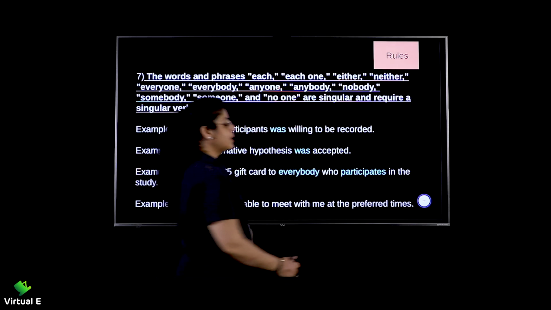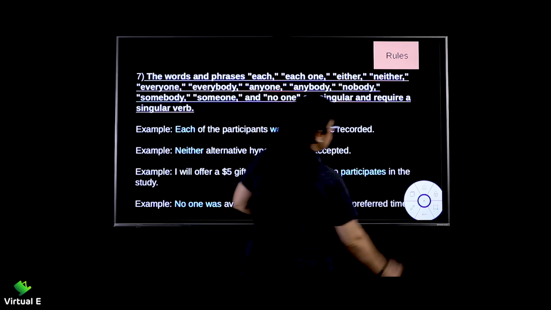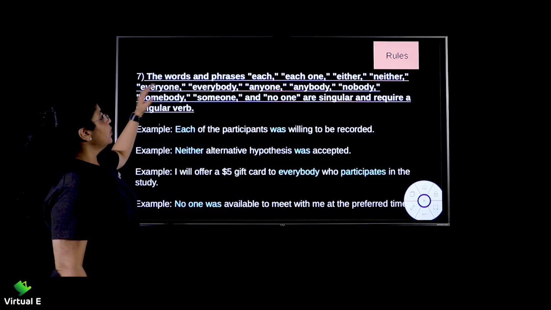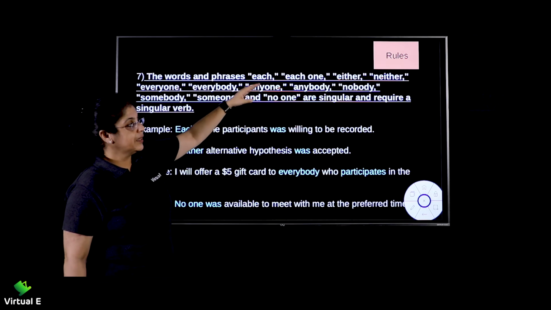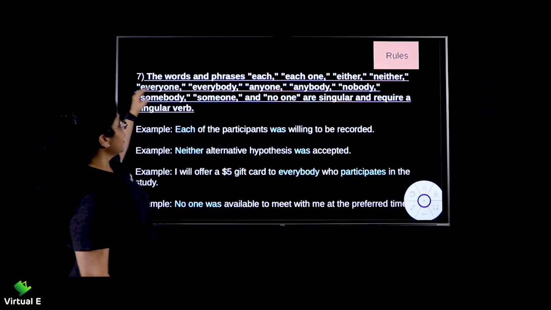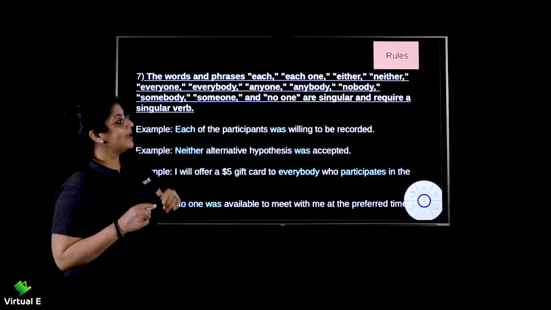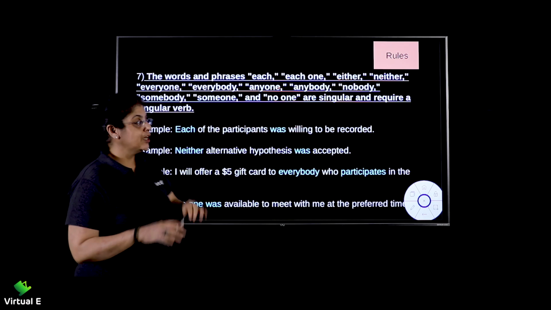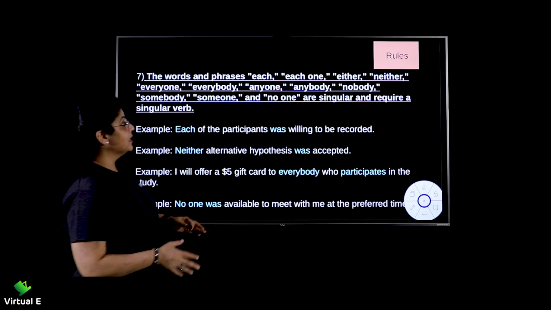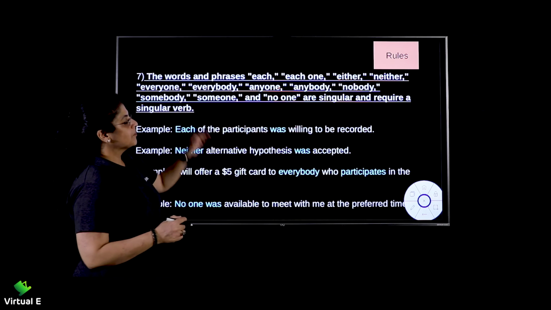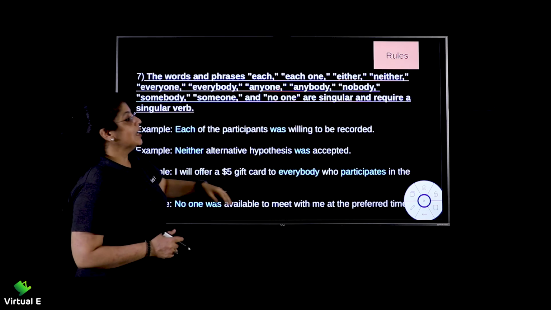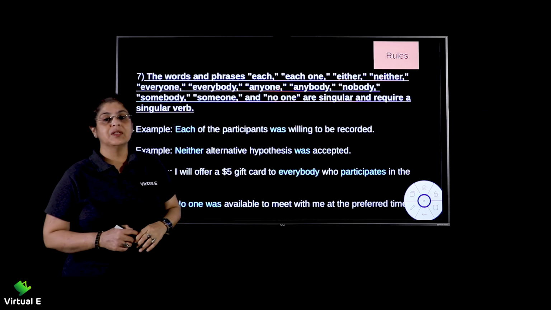Coming to another rule, which tells you the words and phrases each one, either, neither, everyone, everybody, anyone, anybody, nobody, somebody, someone, and no one are singular and require a singular verb.